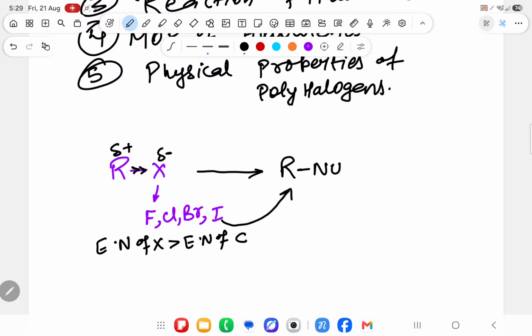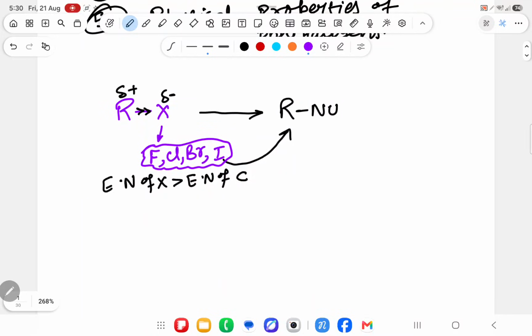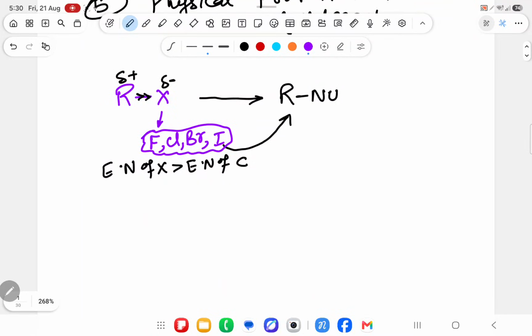It means in this reaction, fluorine, chlorine, bromine is also a nucleophile. One nucleophile is there, and there is a possibility that some nucleophile is attacking over here and doing substitution.